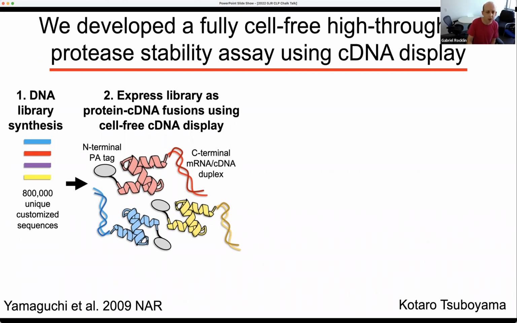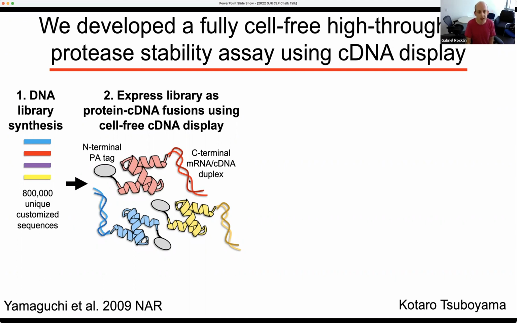So now if we want to know what this protein is, all we have to do is sequence the cDNA and we can find out what it is. And then at the N terminus of each protein is an epitope tag that binds to an antibody. So we have our tag and we have our protein, and on the C terminus is the cDNA.